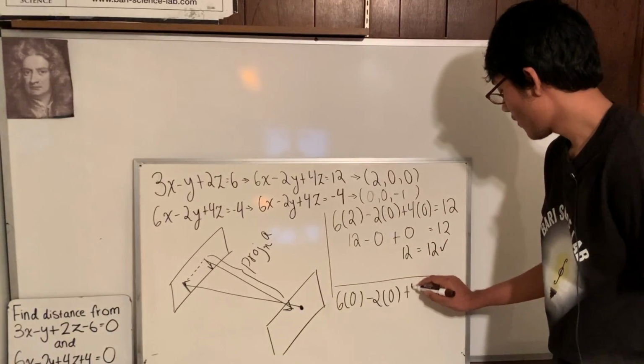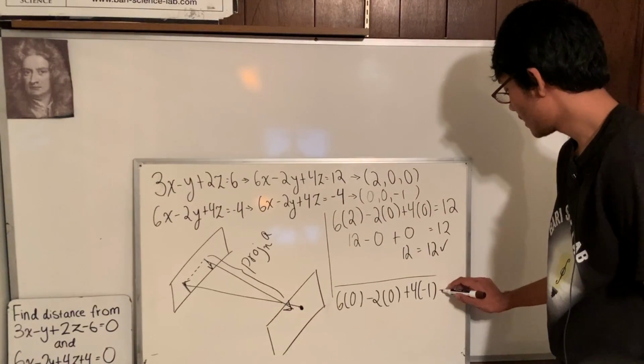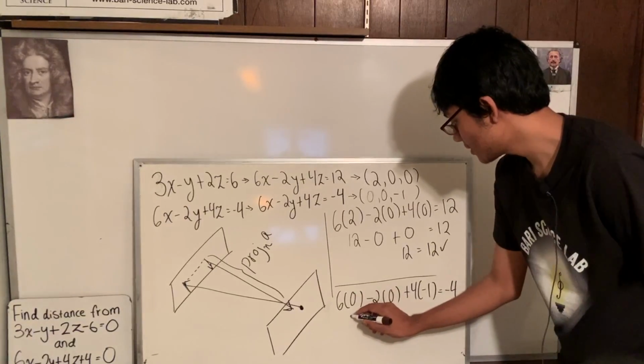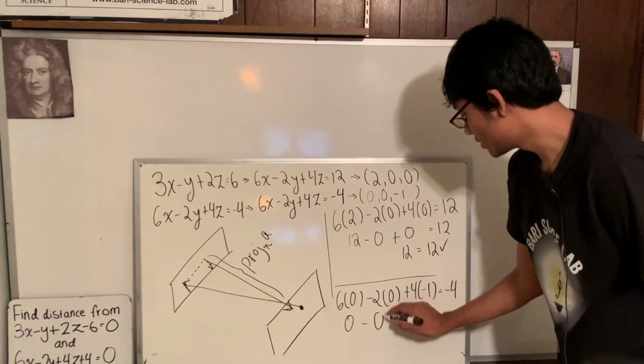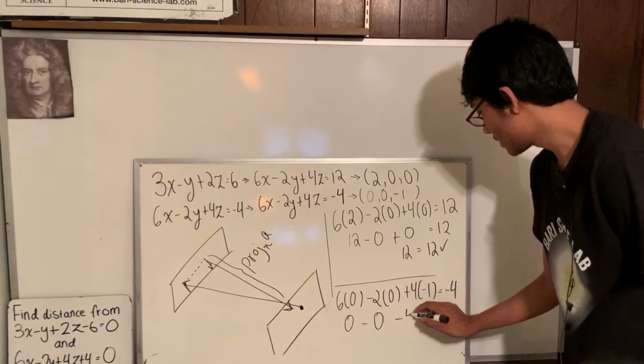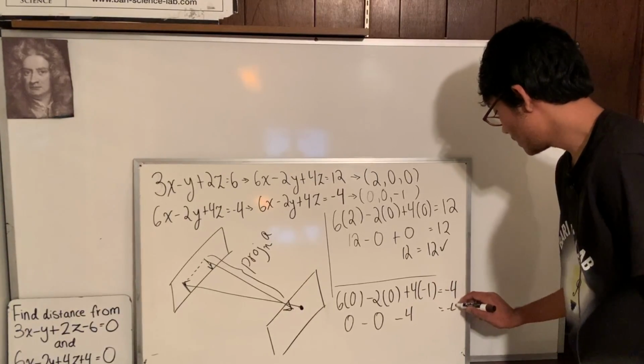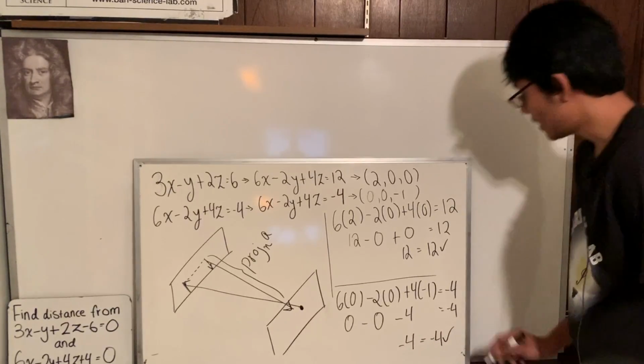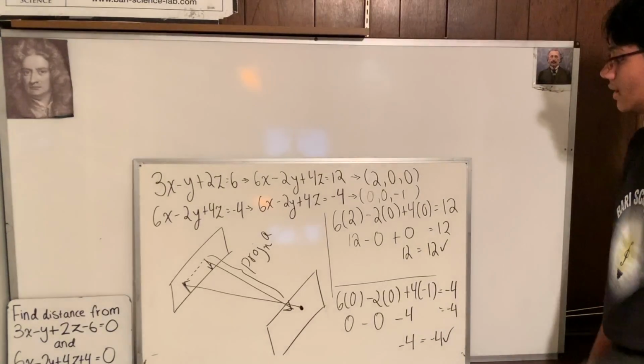So plus 4 times negative 1. And will I get negative 4 on the right hand side? Well, 6 times 0 is 0, 2 times 0 is 0, 4 times negative 1 is negative 4, and so yes indeed, I do get negative 4 is negative 4, and so the point is indeed on the plane.